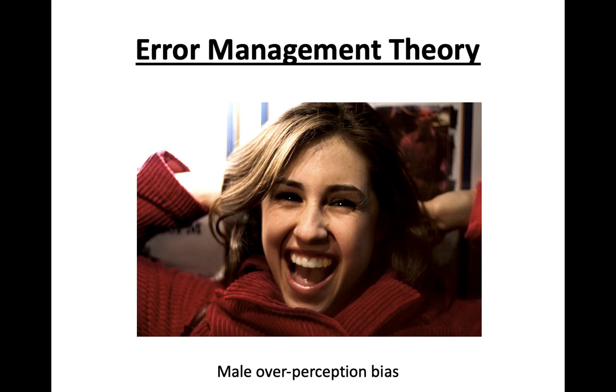Even in talking about the male overperception bias, while it's consistent with this error management theory of evolutionary psychology, it's also entirely consistent with socialization theories and dating paradigms, and with what traditionally heterosexual males are encouraged and socialized to do in many societies, including ours.